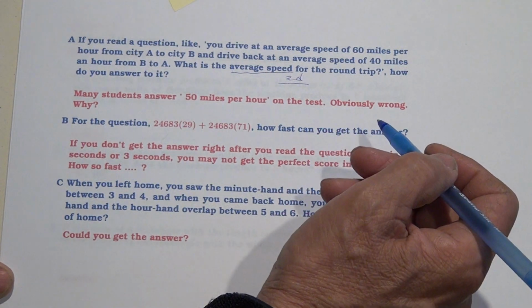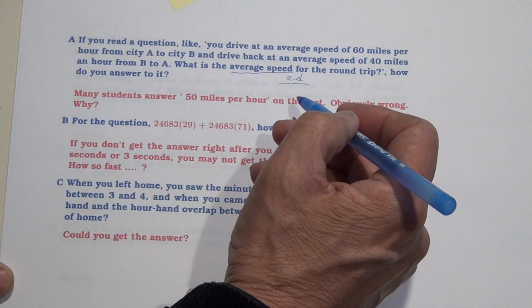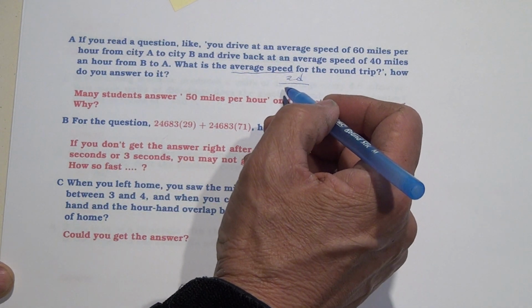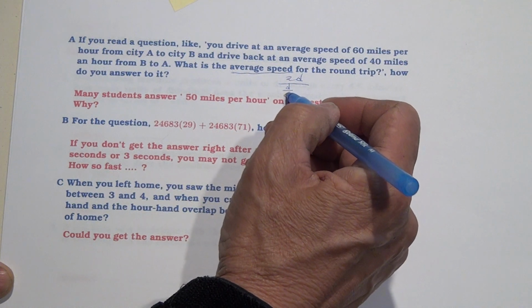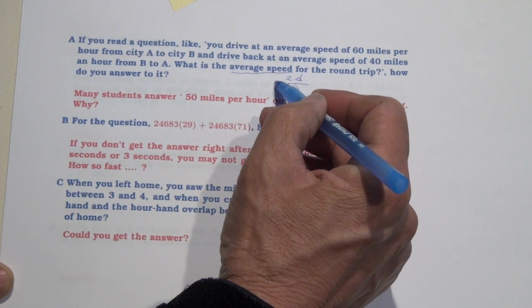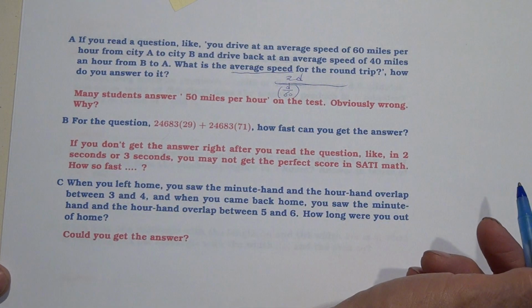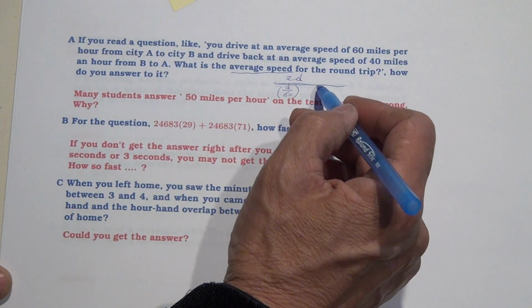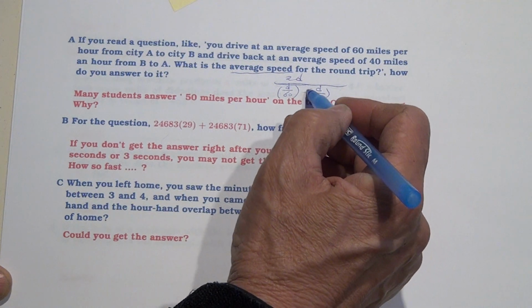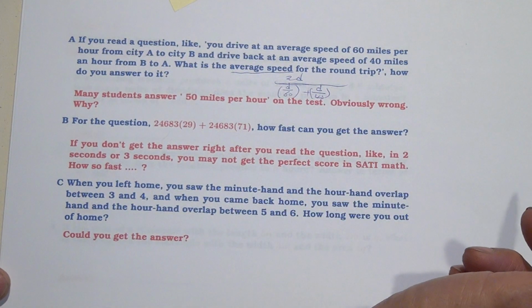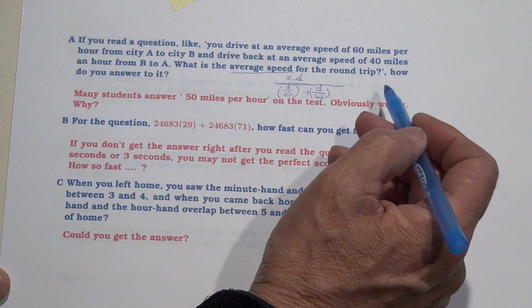When you drive A to B, you spend d divided by 60, and from B to A, you spend d divided by 40. That is the total time you spent for the total distance of 2d.